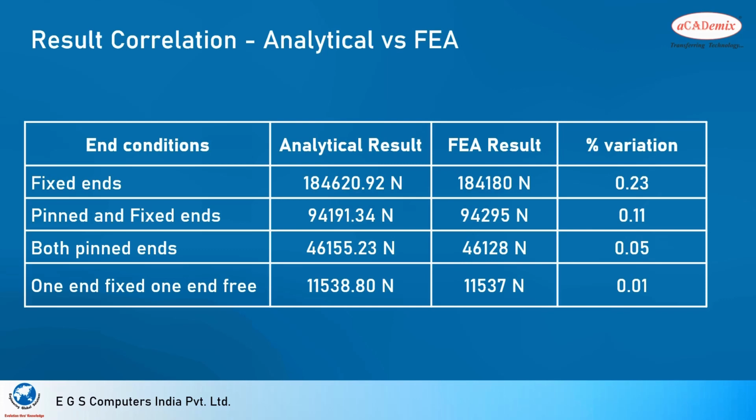In the third case, that is both ends pinned, the percentage deviation between the FEA result and analytical calculation result is 0.05%. In the fourth case, one end is fixed and the other end is free, the percentage deviation between analytical calculation result and the FEA result is 0.01%. So we can see that the percentage deviation is very low while comparing the analytical and FEA results.